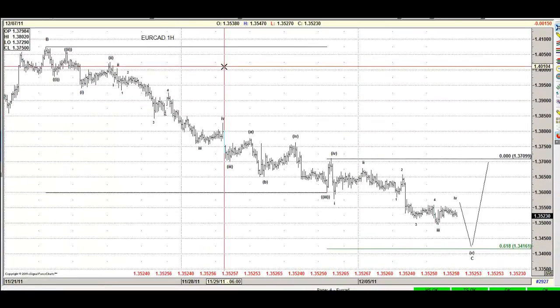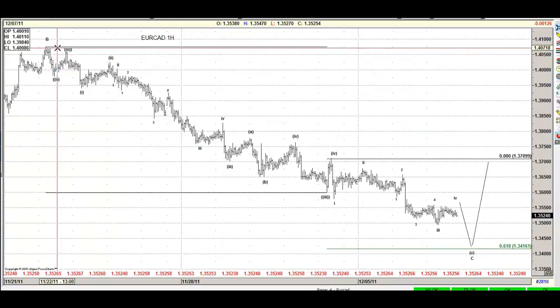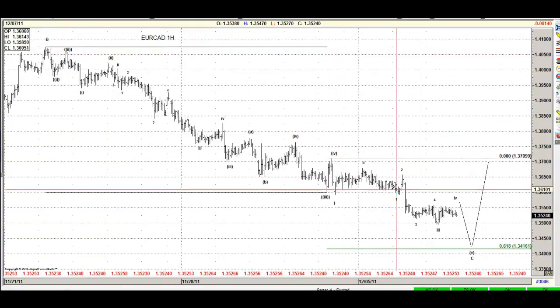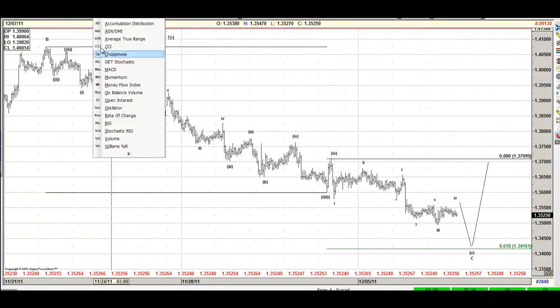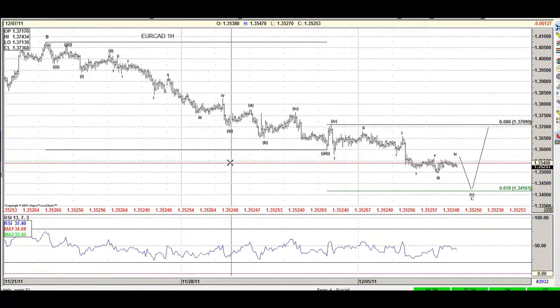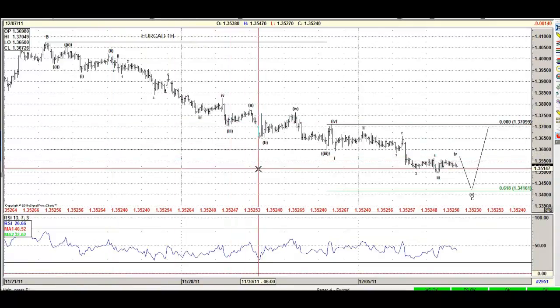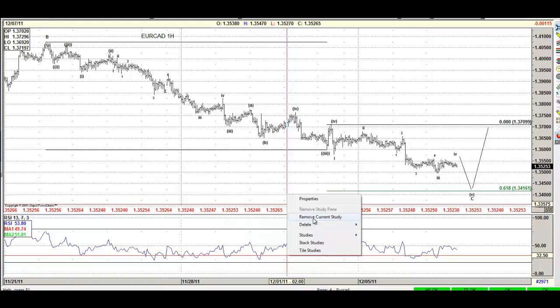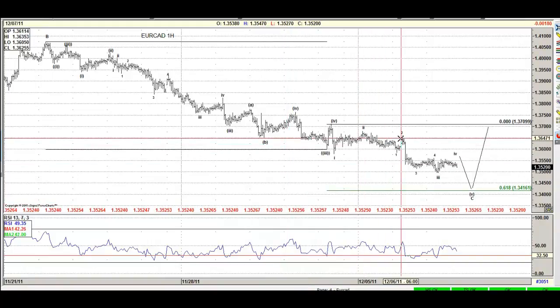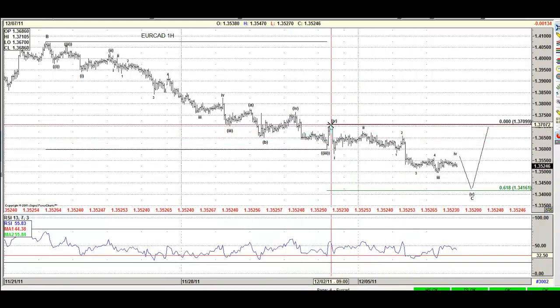This is the EuroCAD, and we believe that at this stage we are in the wave 5. Look at the RSI on the EuroCAD. The lowest read is right here, and we are even seeing divergence within the wave 5.